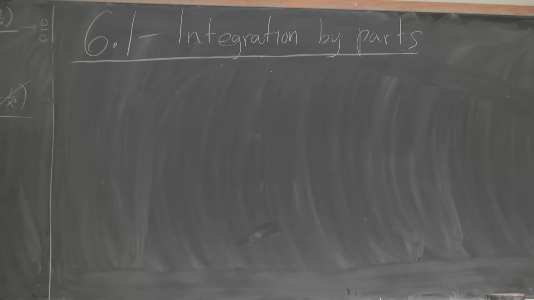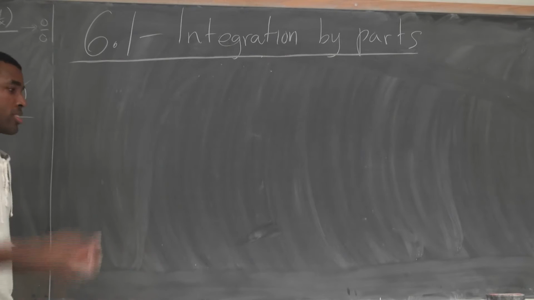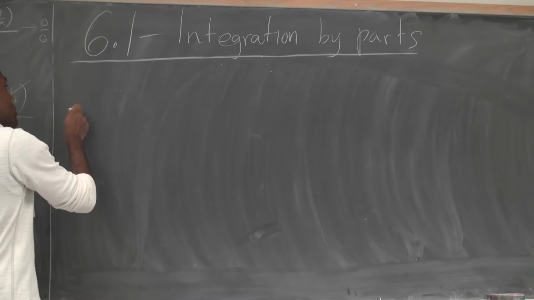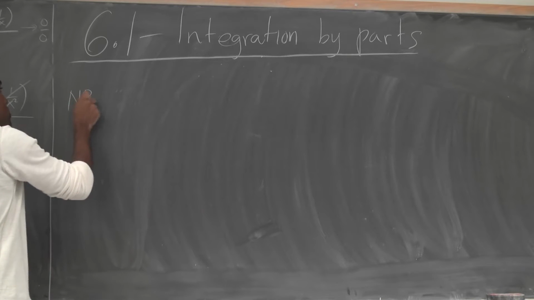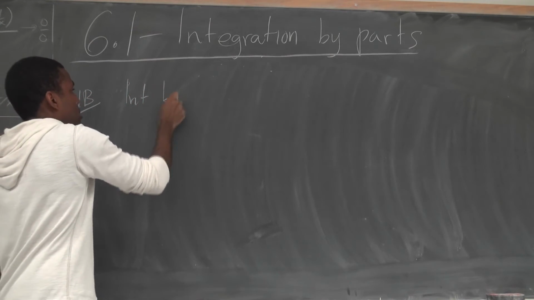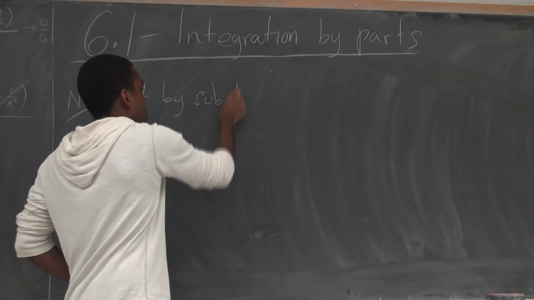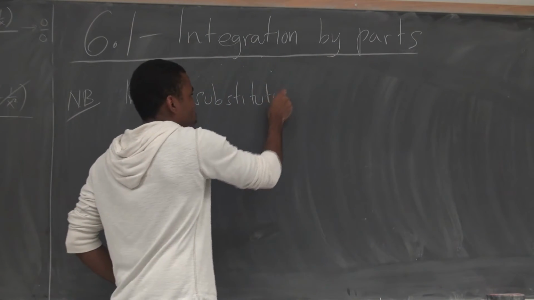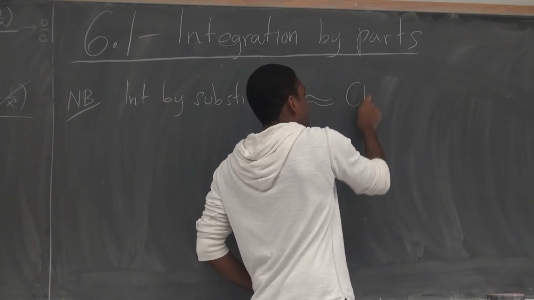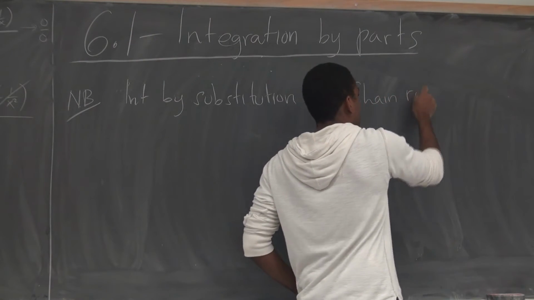But one of the basic techniques we have is integration by parts. It's like one step up from substitution, right? Integration by substitution, if you really look at what's going on, you'll realize that it is sort of the chain rule for integrals.